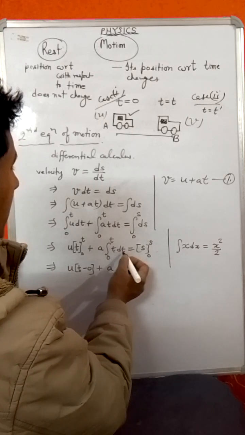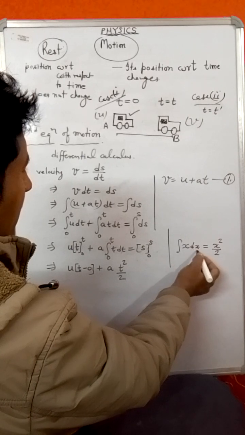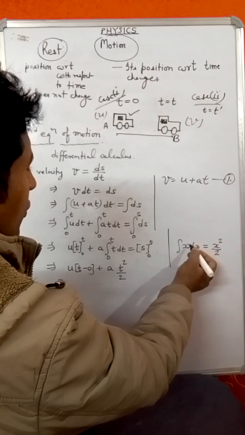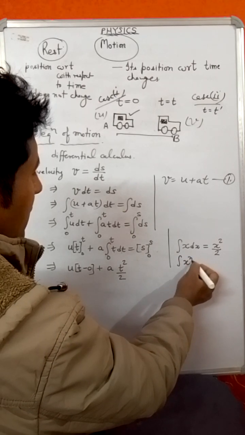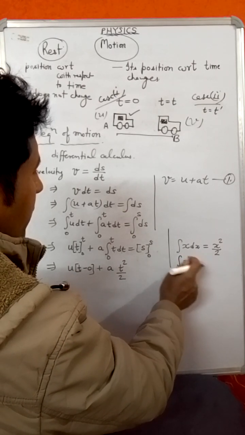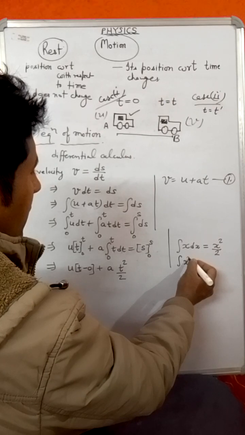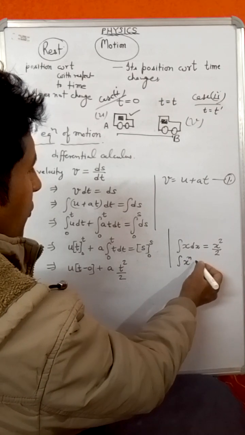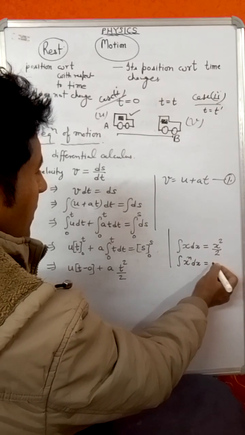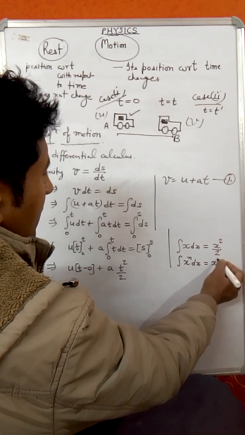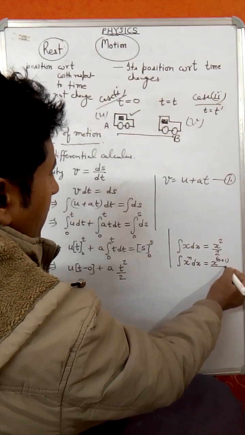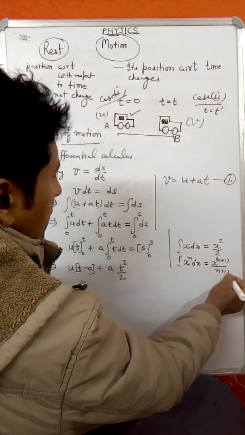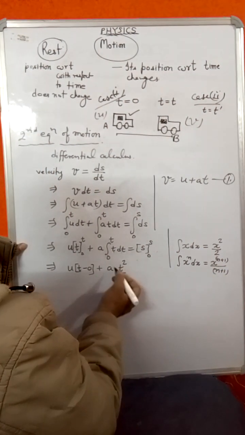Now see, this is t dt, and as we know the integral of x dx is x square by 2, the general formula is, let's suppose if this is n, integral x raised to power n dx is equal to x raised to power n plus 1 upon n plus 1. This is the formula, right?